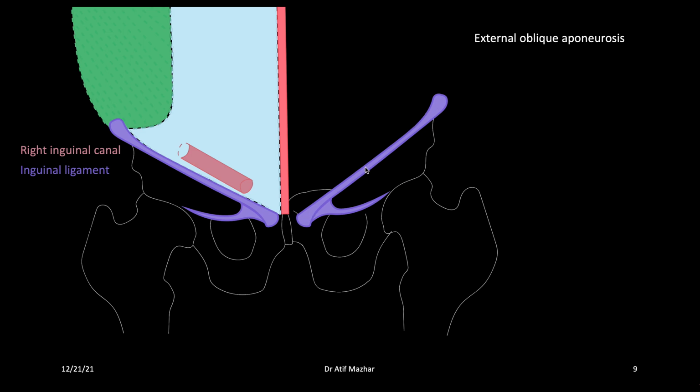After getting attached to these two bony surfaces, this ligament reflects. And this reflected, half-moon-like part we call the lacunar ligament, and then it is attached on the pecten pubis. So this is the pectineal ligament, and it is also famous by the name of Cooper's ligament.